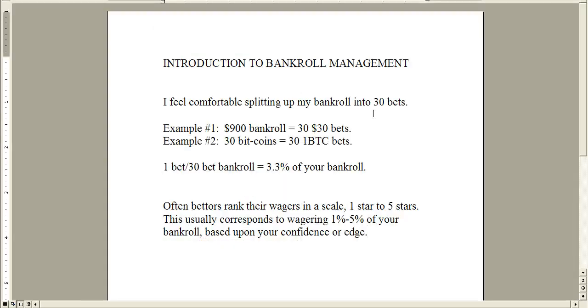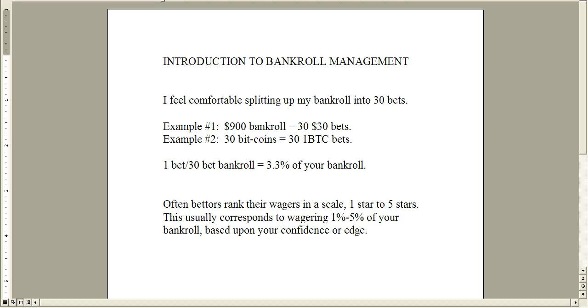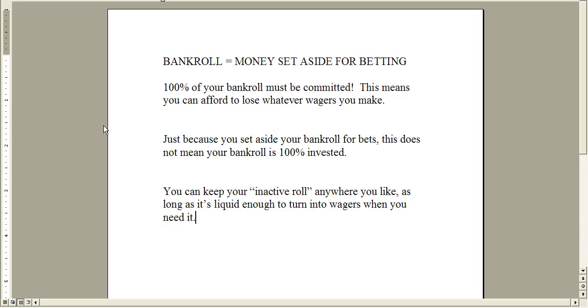Well, today we're going to talk about bankroll management, and since the NCAA tournament's coming up and there's going to be a whole bunch of games people are going to want to bet on, I thought it'd be a good time to talk about bankroll. And what is bankroll? Your bankroll is the money you set aside for betting, for your bets.